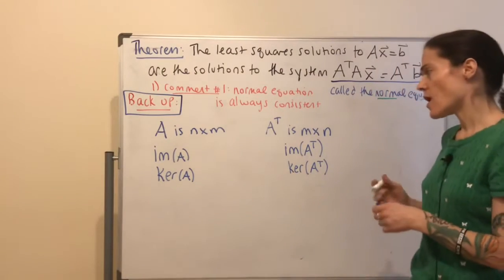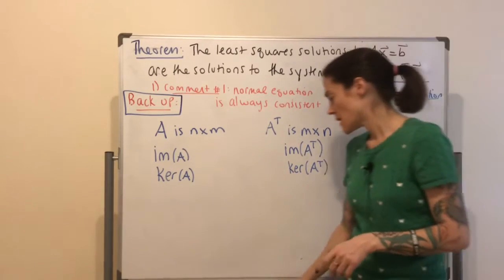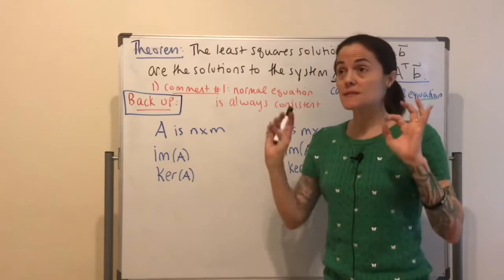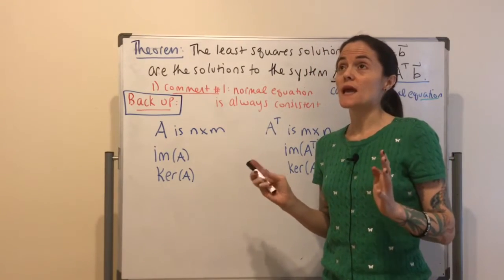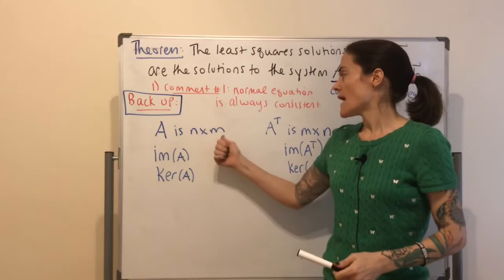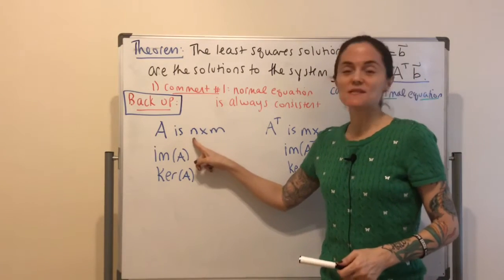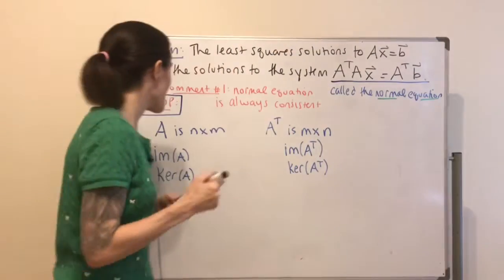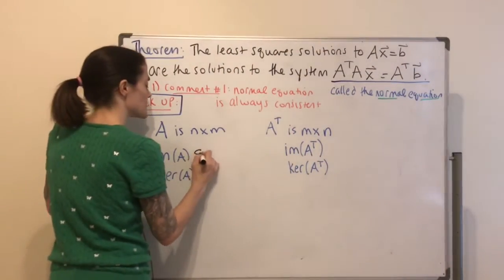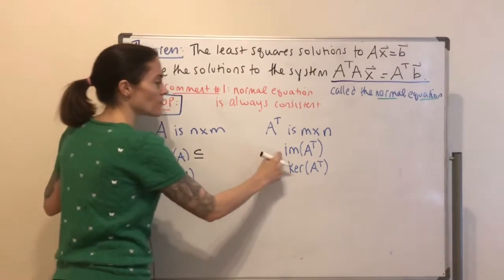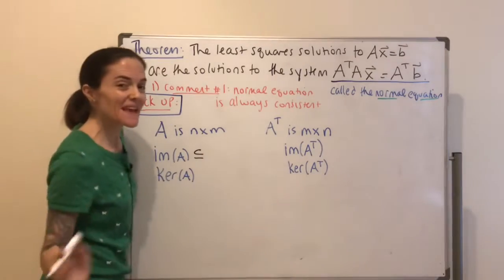Now let's see where all of these live. What's the image of A? It is the subspace where you take the columns of A and you take their span. Well, we have m columns. Each is a vector in Rn. And so the image of A, I'm going to write it as a subset, although we know all 4 of these are subspaces.